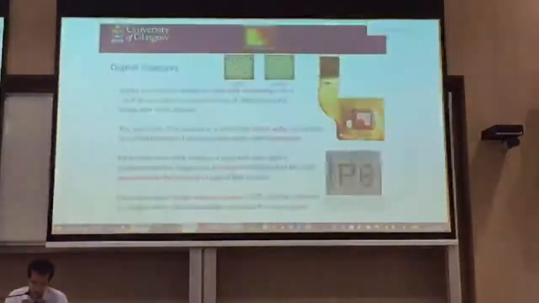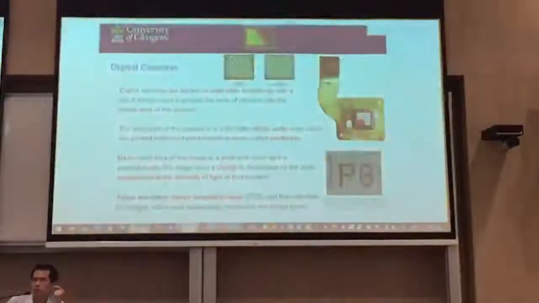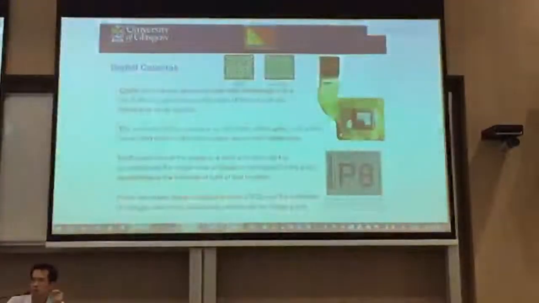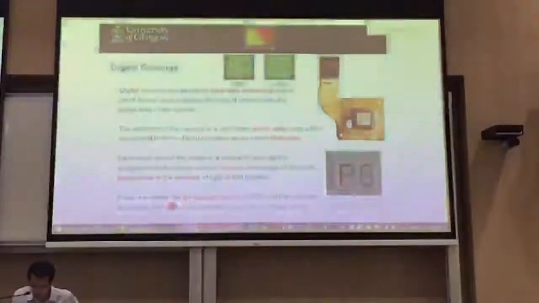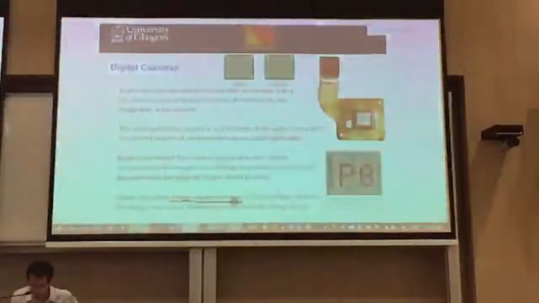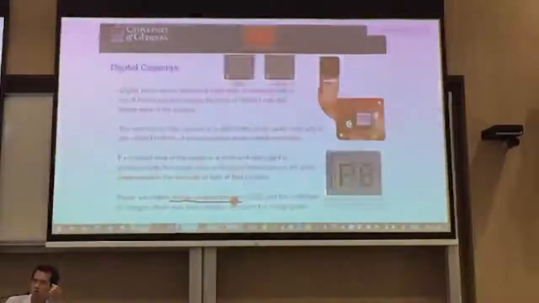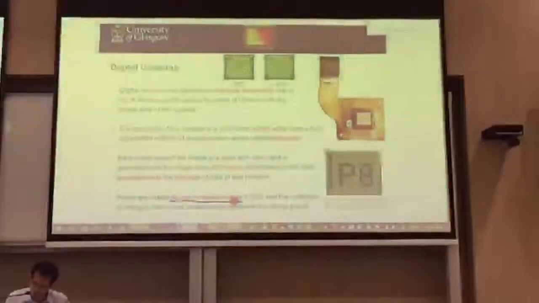How this photosite works is that it gets charged up, and the amount of charge in each of these photosites is proportional to the light intensity. Sometimes these are called charge coupled devices, where based on the light intensity, the amount of charge will increase.